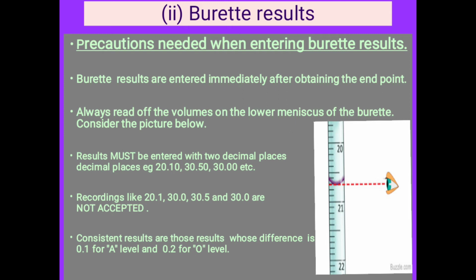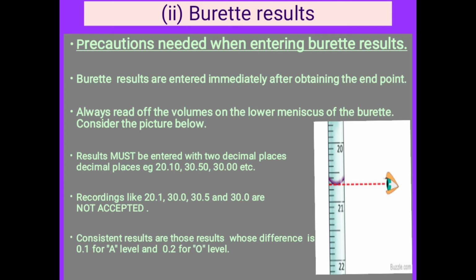Another precaution, we should also enter our results with 2 decimal places. For example, we have 20.10, we have 30.50, we have 30.00, and the others. When you look at those results, they have 2 decimal places.